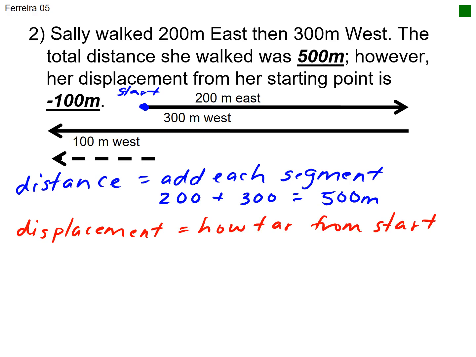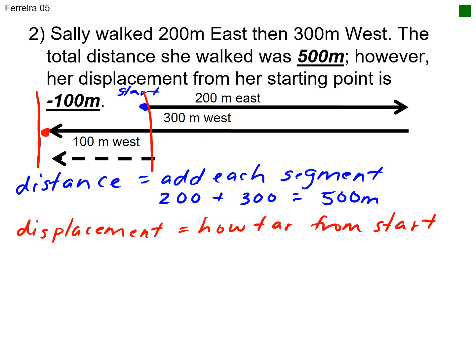So once her motion has ended, when she has stopped walking, she ends up at this red dot. When we're finding the displacement, we are interested in the distance between those two red lines. So to calculate displacement, we're going to use an equation.